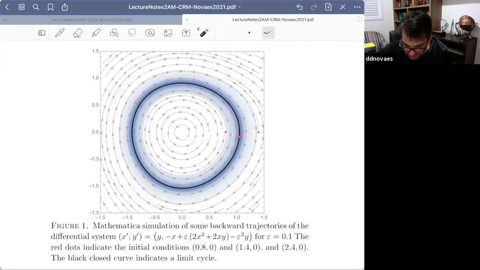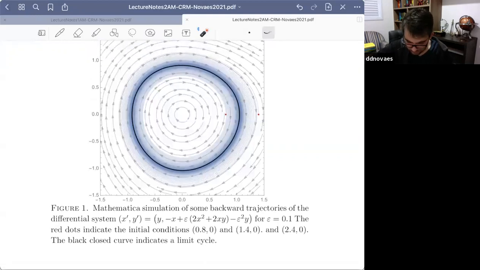And in this situation, this limit cycle that appears here is an unstable limit cycle. So I'm drawing the backward trajectories for some initial conditions here. Okay?